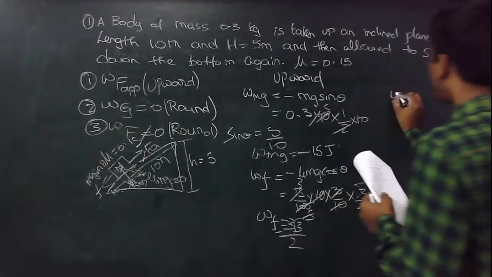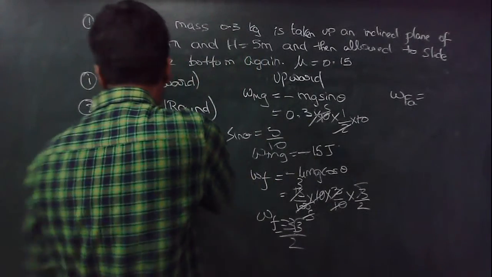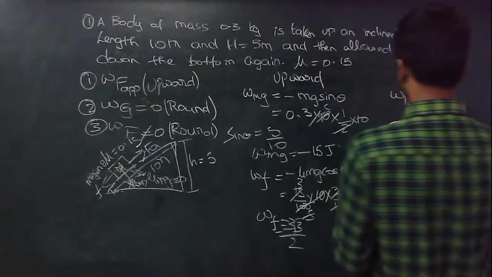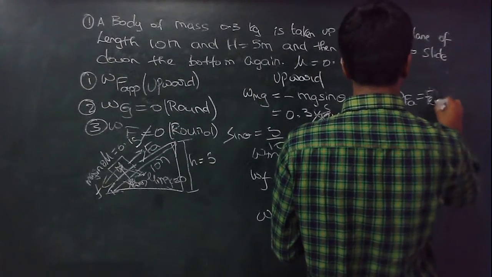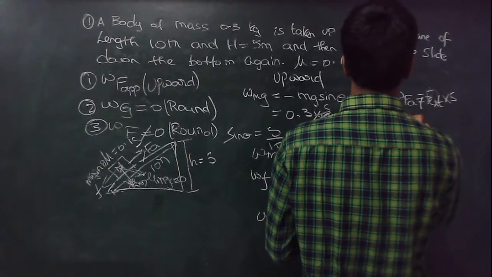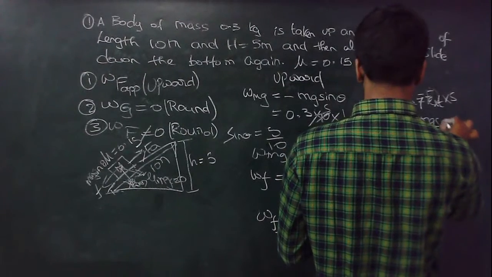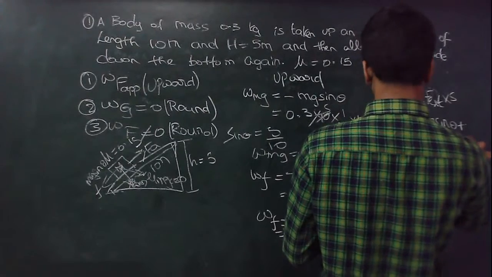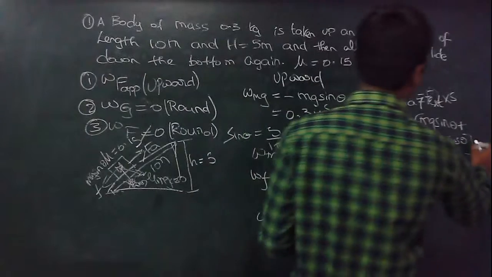Now the W force applied is F external into S into cos, and this is the same direction. So W_F applied is equal to mg sin theta plus mu mg cos theta into total distance.